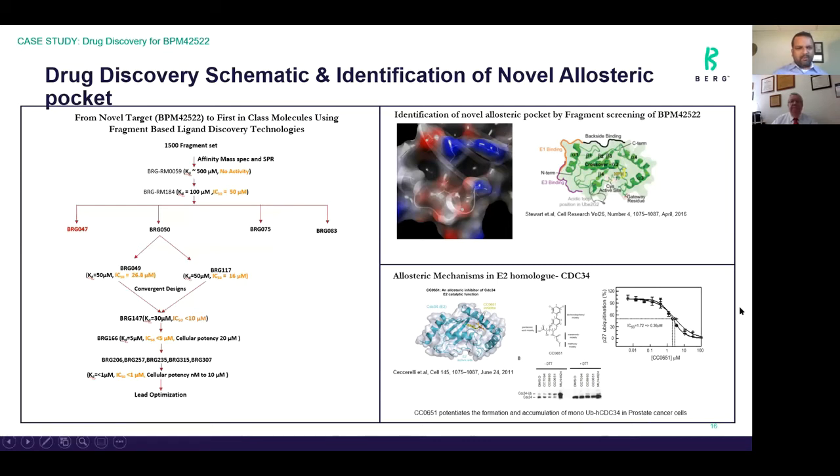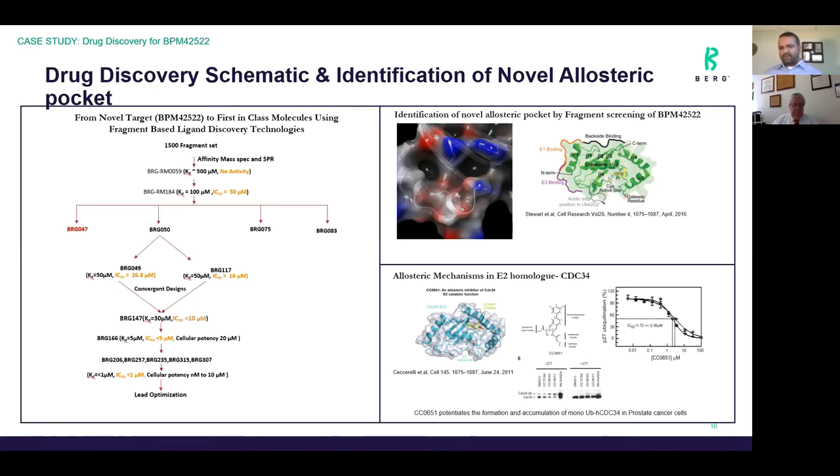In the process, what we discovered was a new allosteric pocket in the protein BPM42522 that was discovered by this approach. I think that is the advantage of the RO3 library versus the RO5, where you identify novel mechanisms for drugging. Allosteric mechanisms are not completely new or unknown in the E2 space.